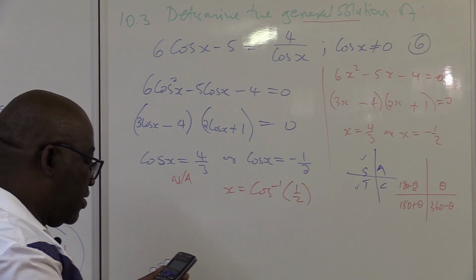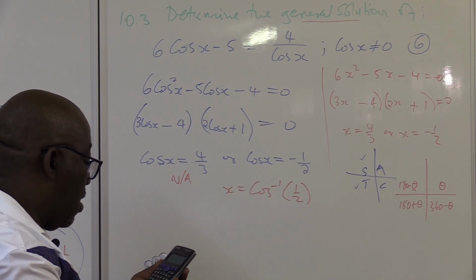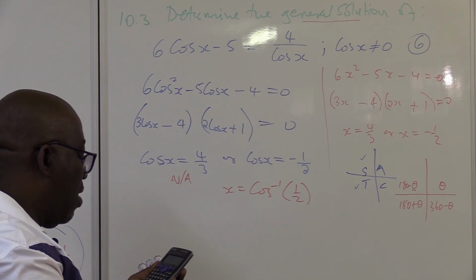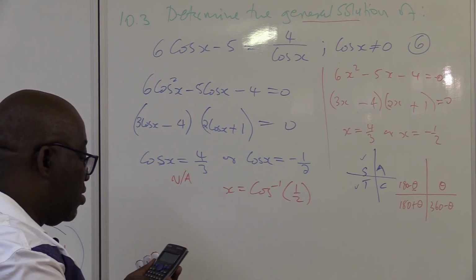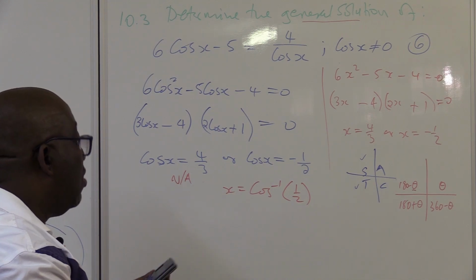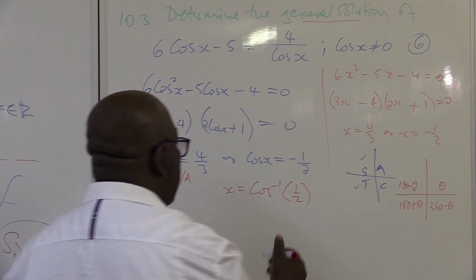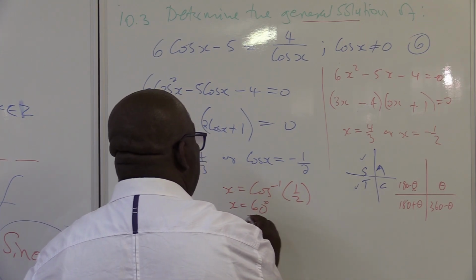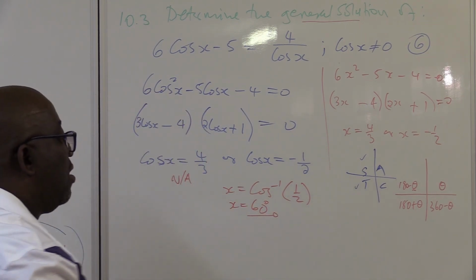Shift, cos, 0.5, half, close the bracket. What is it? Oh, 60 degrees. The answer will be 60 degrees. This is our reference angle.